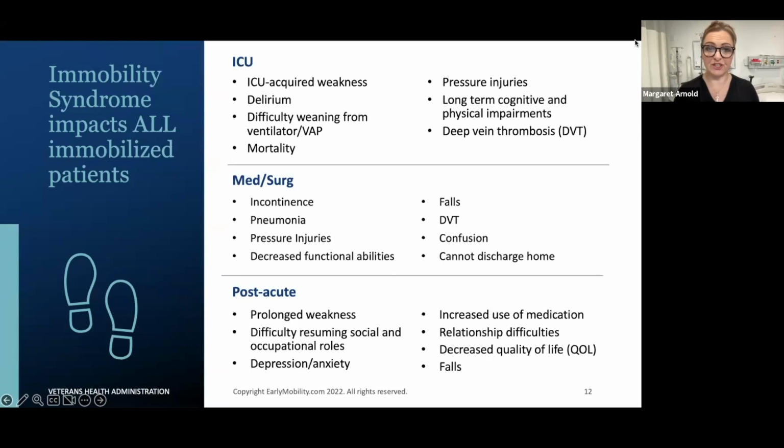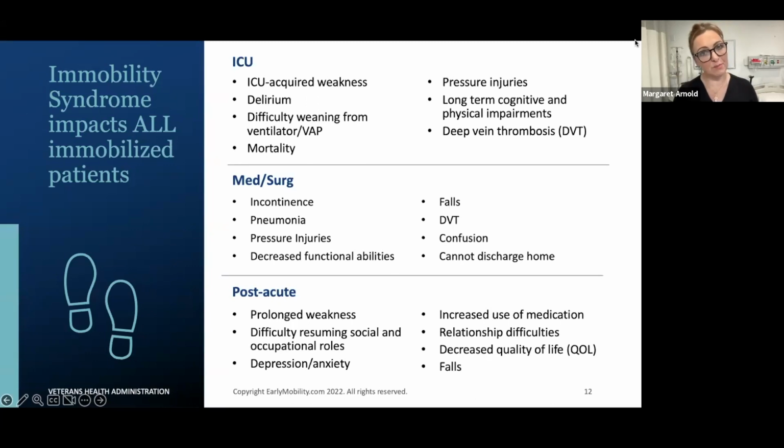In our med-surg units, we have incontinence, pneumonia, pressure injuries, decreased functional ability, falls, DVTs, confusion, inability to discharge home, and prolonged stays. In our post-acute settings, we see prolonged weakness. We see difficulty resuming social and occupational roles.